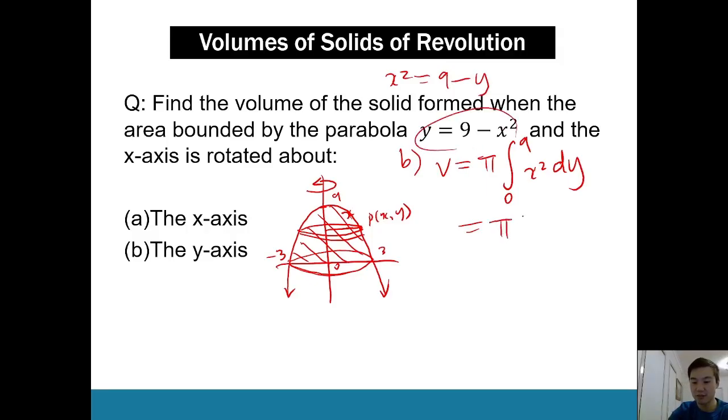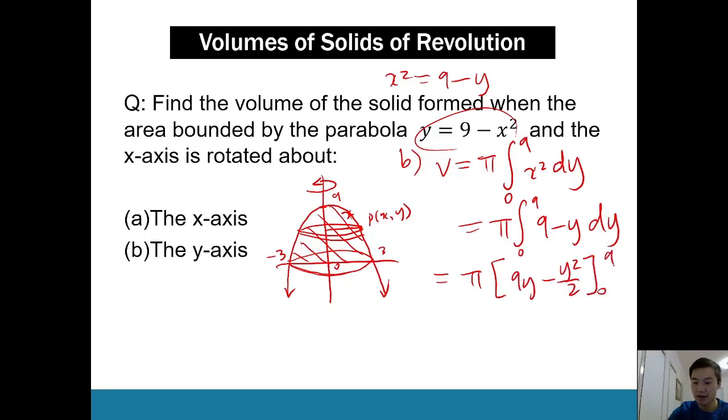So this is the pi integral from 0 to 9 of 9 minus y dy. When I integrate this, this will be pi times 9y minus y squared over 2 from 0 to 9. And when I plug in the numbers, I'll get 9 times 9, which is 81, minus 9 squared over 2, which is 81 over 2, minus 0 plus 0.